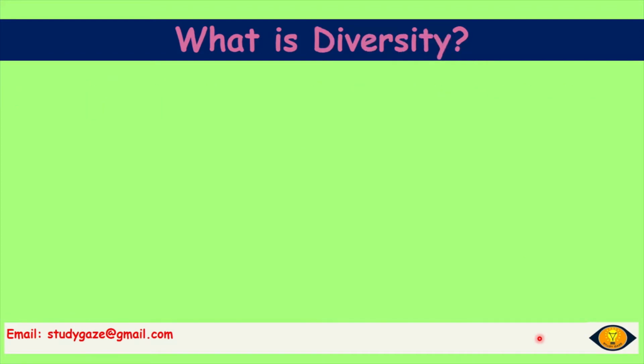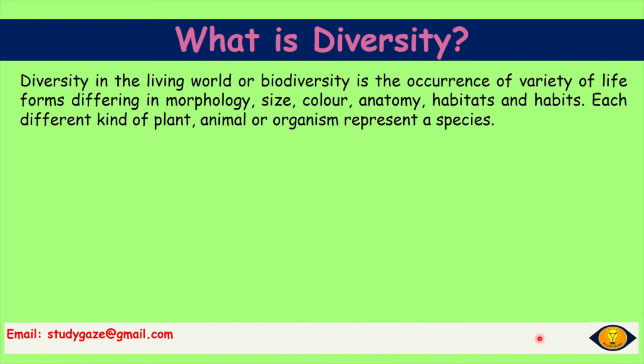Now, what is diversity? Diversity in the living world, or biodiversity, is the occurrence of variety of life forms differing in morphology, size, color, anatomy, habitats, and habits. Each different kind of plant, animal, or organism represents a species.